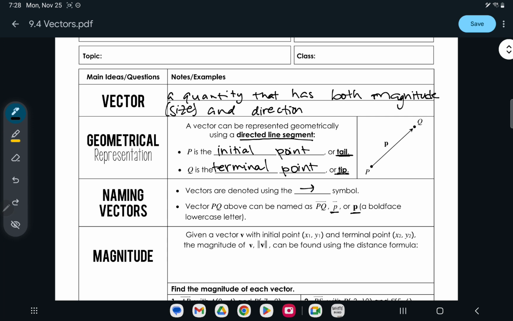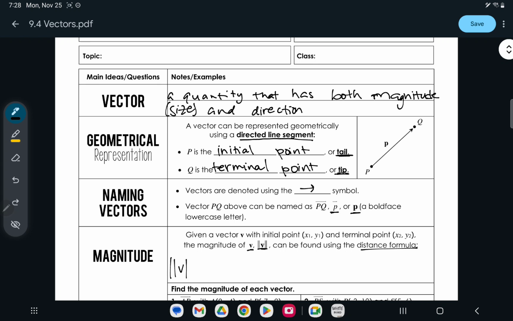So given a vector with an initial point, x1, y1, so just a generic point, and terminal point, x2, y2, again, just another generic point, the magnitude of the vector, which is labeled like this, can be found by using the distance formula.